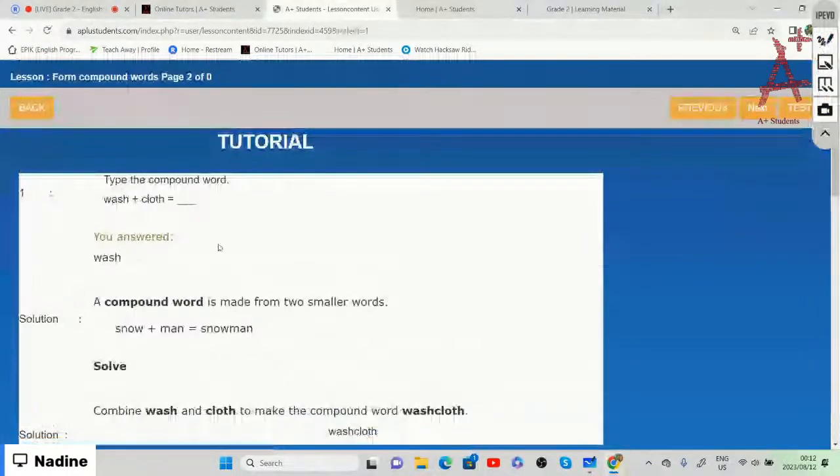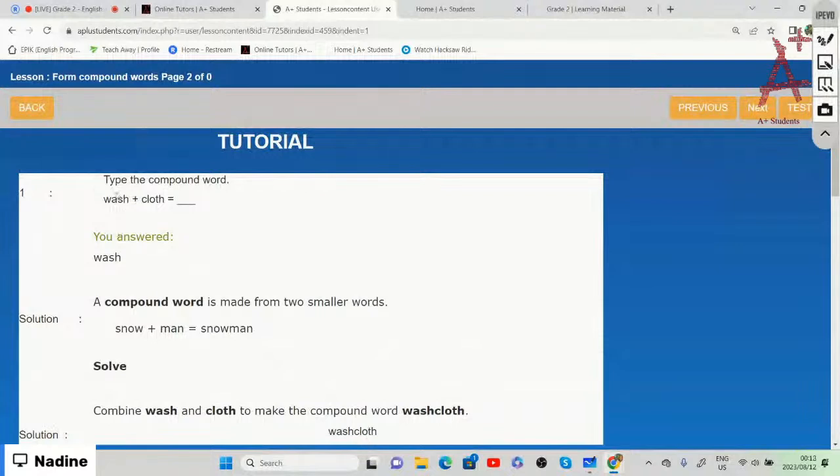All right, so wash plus cloth. So wash plus cloth, right? Wash is either when you are washing your body, washing clothes, right? And then cloth is a piece of material that you use either to wipe tables, wipe something, to clean, right?